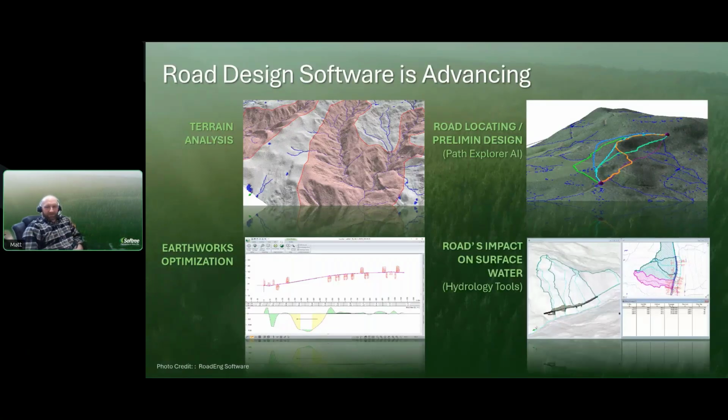And then again, well, terrain analysis, when we mentioned that before, that's kind of through the lens of what's there, but incorporating hydrology tools right in the actual road design interface is hugely beneficial to have a better idea of how you're interacting with that surrounding terrain.